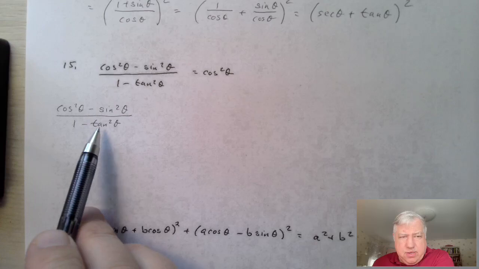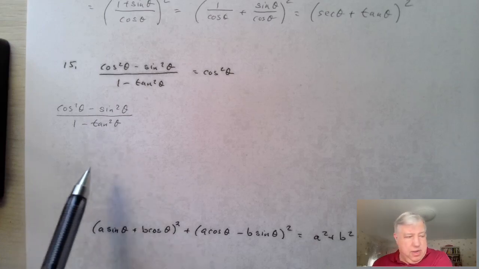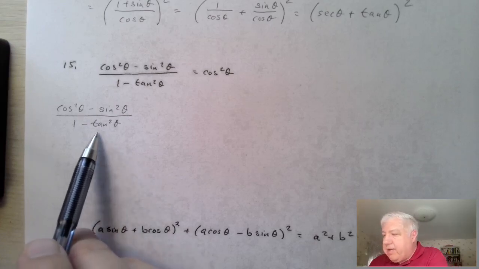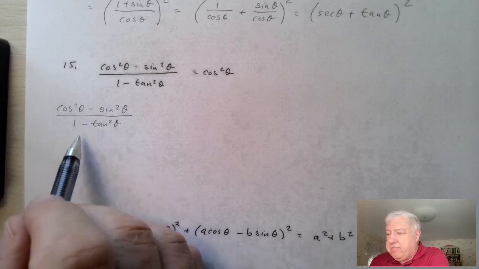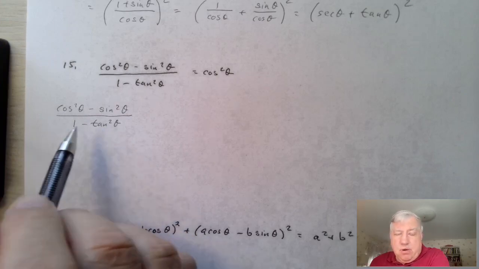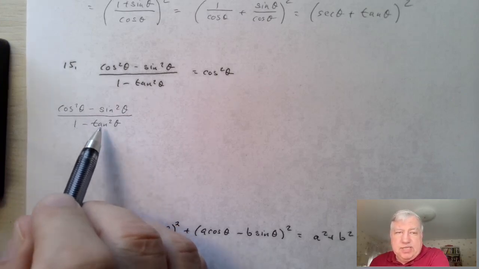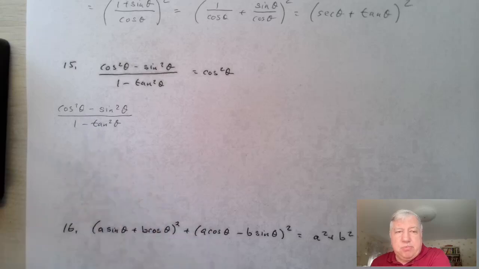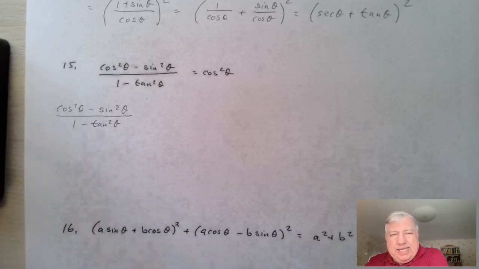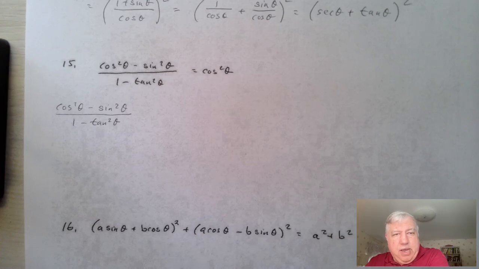You might see the 1 and the tangent squared, and you might think, is there a secant squared in here? Well, if this was 1 plus tangent squared, obviously you'd want to replace it with secant squared. But it's 1 minus tangent squared, so you can't really do anything with that. We can't put a secant in here yet.